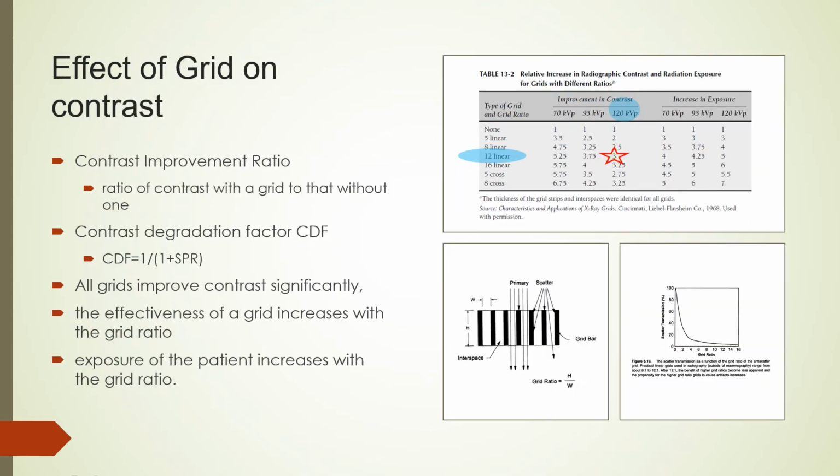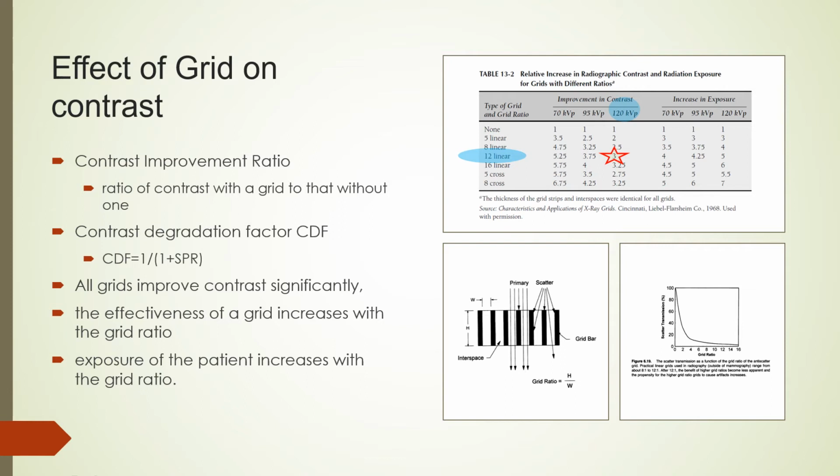The effect of grid on radiographic images can be measured by various means. Contrast improvement ratio and contrast degradation factor are two ways of measuring this effect. Contrast improvement ratio is the ratio of contrast with a grid present to contrast without a grid. It is shown as the improvement in contrast in the top table. So the contrast improvement for a 12 to 1 grid ratio at 120 kV is 3.